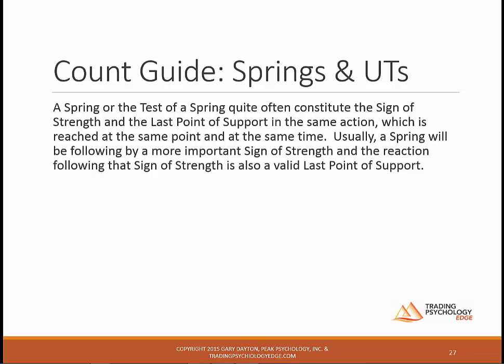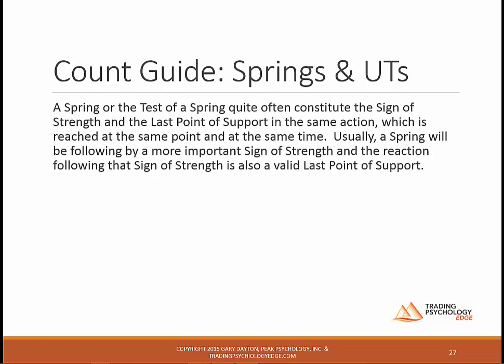They're so good. Now, why, you might ask? Well, Evans says in his count guide that a spring, or the test of a spring, quite often constitutes the sign of strength and the last point of support in the same action, which is reached at the same point and at the same time.